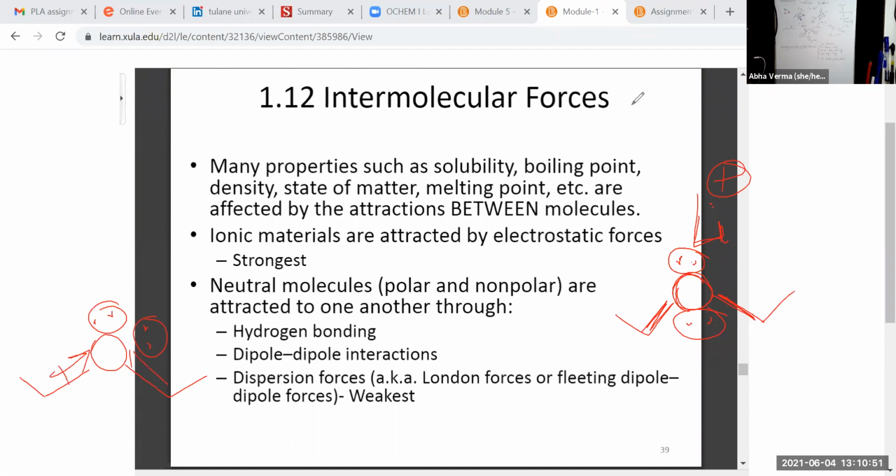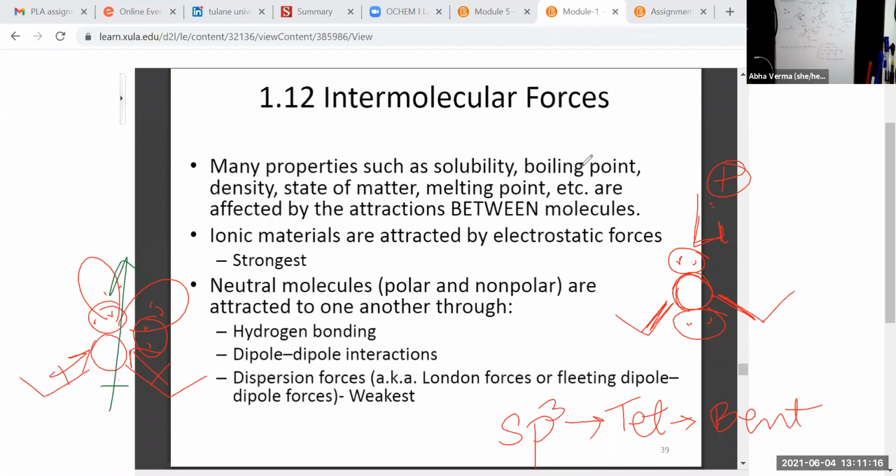So remember, this oxygen is sp3 hybridized. Its atomic geometry is tetrahedral, but its molecular geometry is bent. Right? So both these lone pairs are on the same side, and there is a resultant dipole that we see.